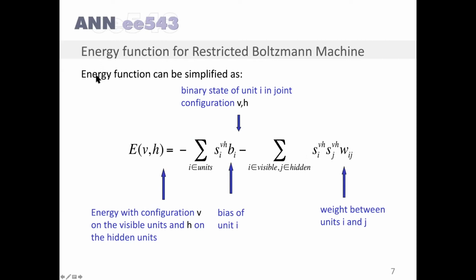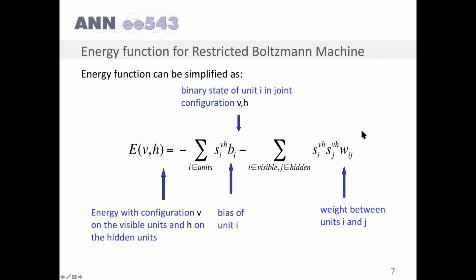If we are using a restricted Boltzmann machine, the energy function can be simplified. Again, the energy with configuration V on the visible units and H on the hidden units is equal to, this part is the same as in the classical Boltzmann machine: the outputs of the neurons are multiplied by biases, and then there is a summation over all the units, either visible or hidden.